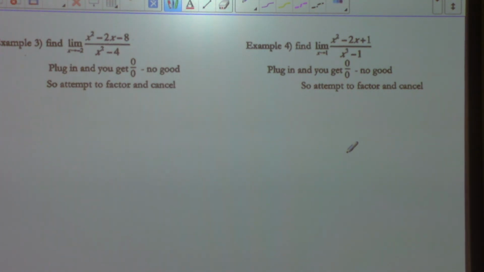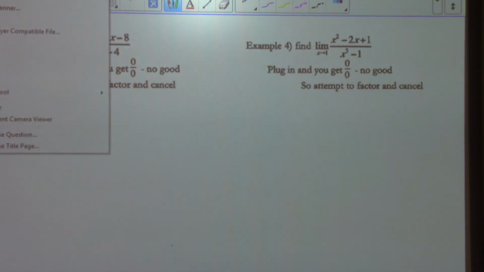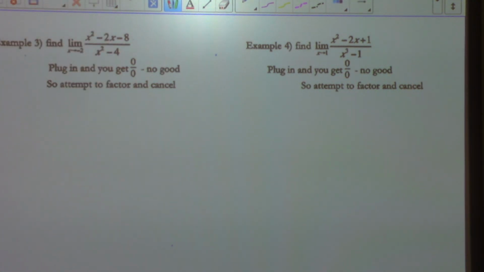Okay, you got 0 over 0, so what did you get for this one here? X plus 2. So x plus 2 times x minus 4, right? Yeah, that's right. What's this one here? That's the difference of squares. X plus 2 and x minus 6.